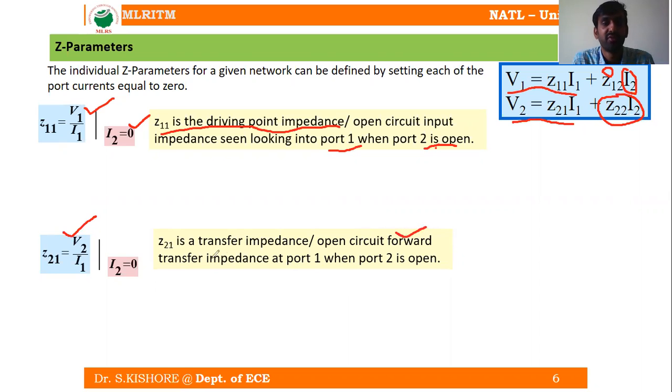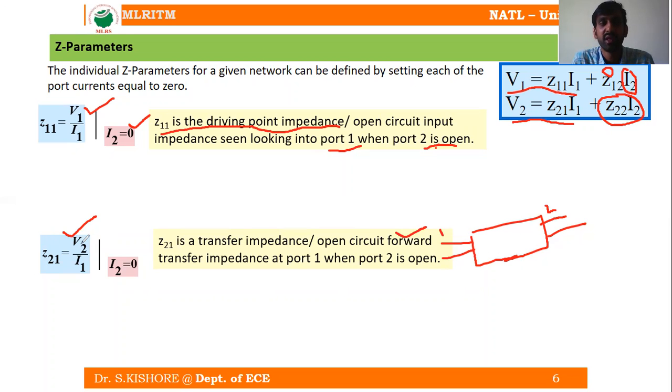In the general convention of a two-port network, this is your input and this is your output, port 1 and port 2. If you look from port 1, this is going to be the forward transfer impedance.